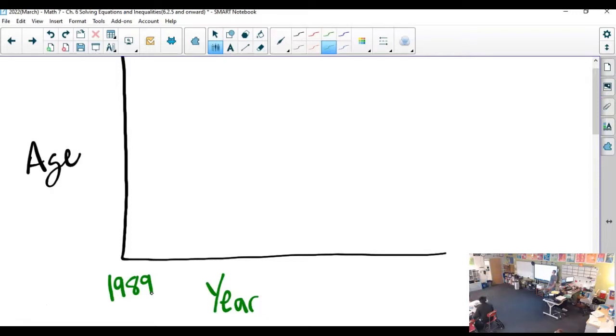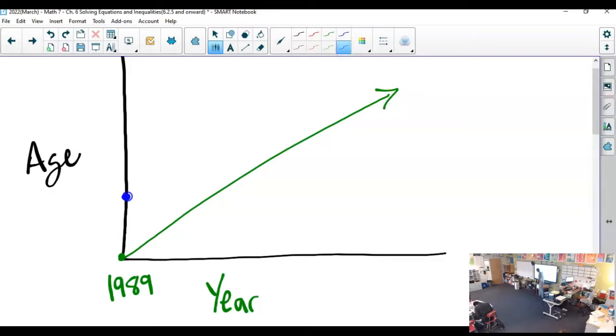Something in Latin that means after death, because we measure things based off that stamp right there. So 1989 is when I was born. So I was 0 years old. And I age, right? Of course, sadly, we all age.